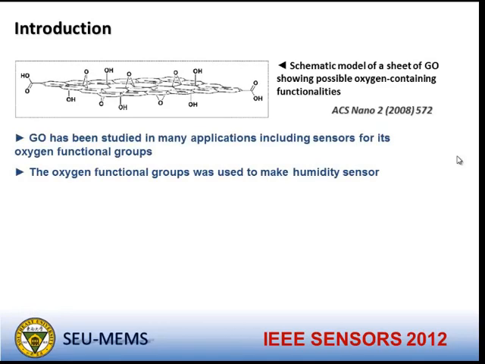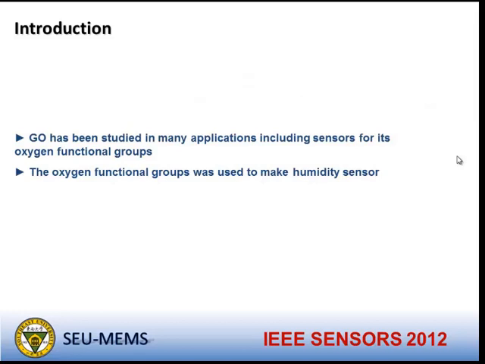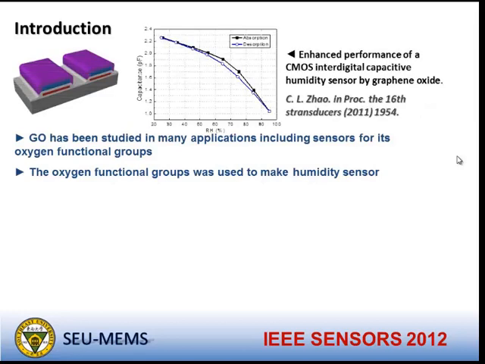Graphene oxide, due to the oxygen functional groups of graphene oxide, has been used in many areas, such as humidity sensors. By using graphene oxide as a sensor material of the capacitive humidity sensor, the sensitivity of the humidity sensor can be enlarged very much.